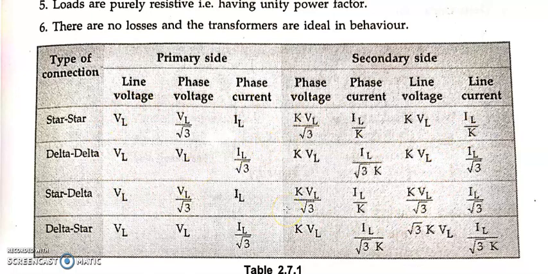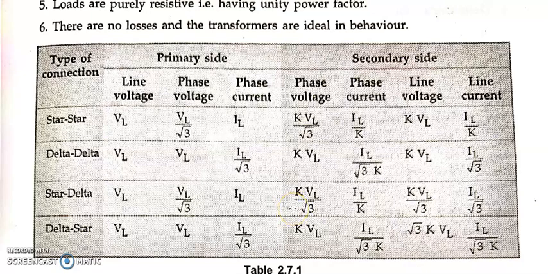You can easily remember this if you know what I told you earlier: in star connection, phase voltage and line voltage are not the same, that is V phase equals VL by root 3, and in delta connection, phase voltage and line voltage are the same. Currents are different in delta connection, because I phase equals IL by root 3, but the same in star connection, that is I phase equals IL.